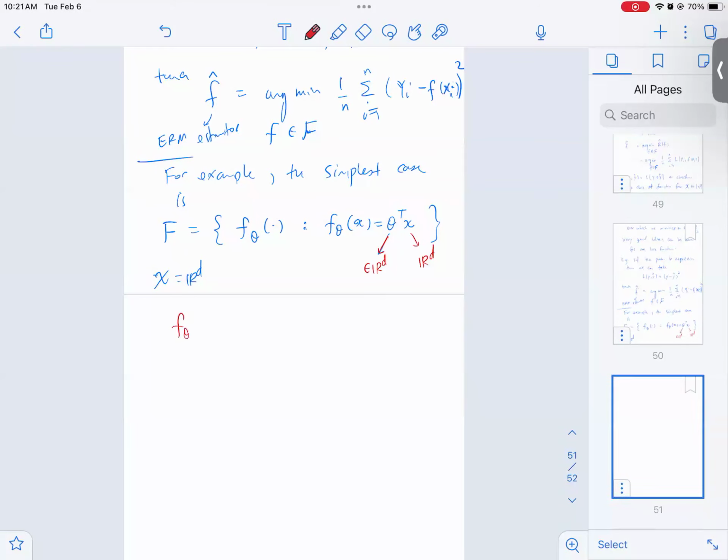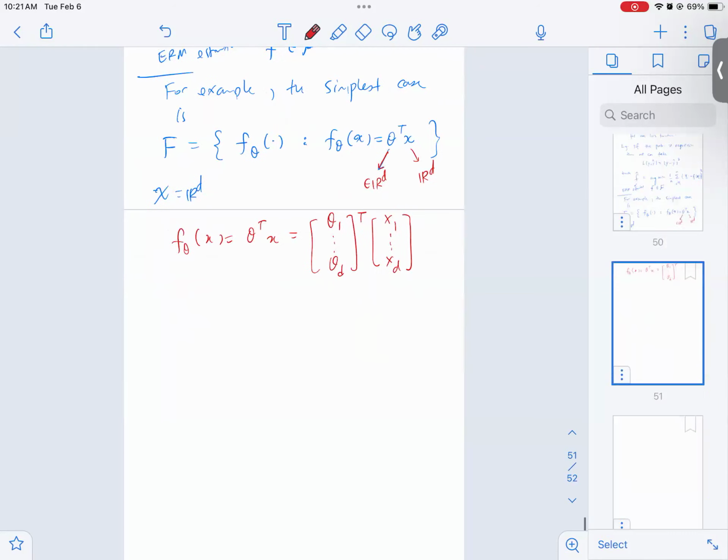So really f theta of x is like theta 1 up to theta d transpose times x1 up to xd. If you recall your vector matrix, you do the matrix multiplication. This is really the sum of theta i x i, i from 1 to d.